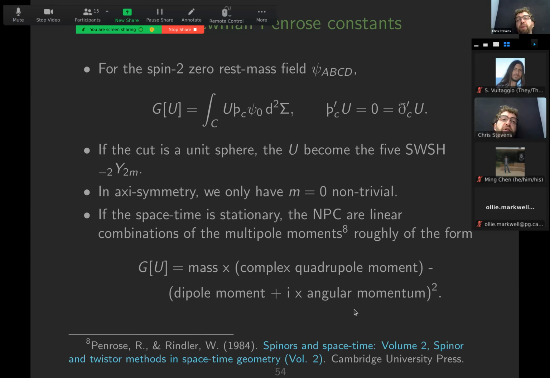But stationary space-times are kind of boring. You know, the one that we had is certainly not stationary. Can we say anything about this? Well, no one knows what the physical interpretation of these numbers are in a general space-time.